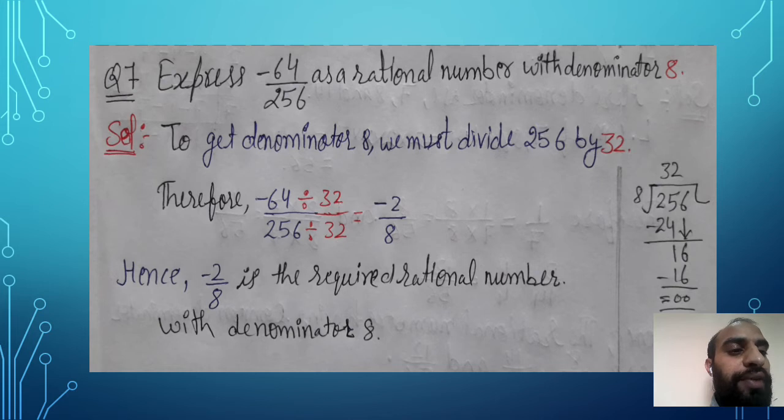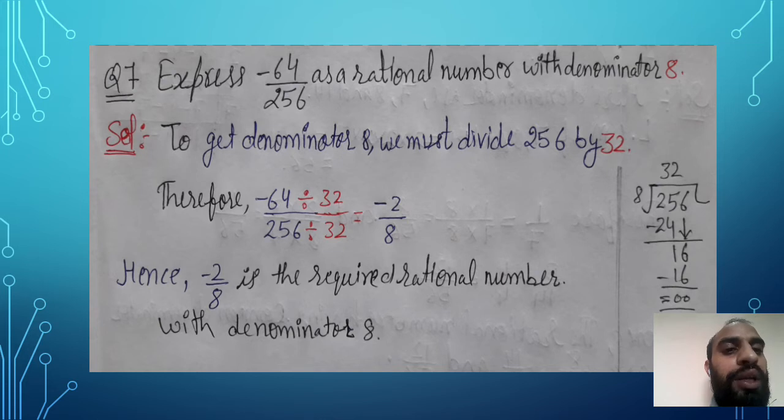I have divided this in the rough area. 8 3 is 24, 1 left, then you take 6 down, it becomes 16. 8 2 is 16 and your answer is 32. That means 32 is the value of m by which we need to divide the numerator and denominator of the given rational number. So let's see how to write.